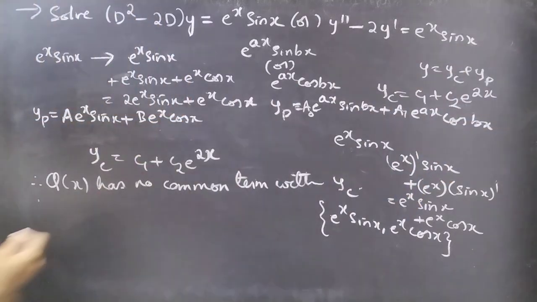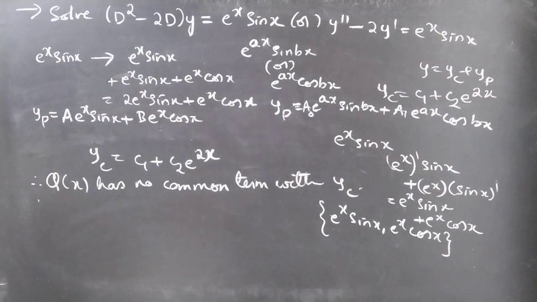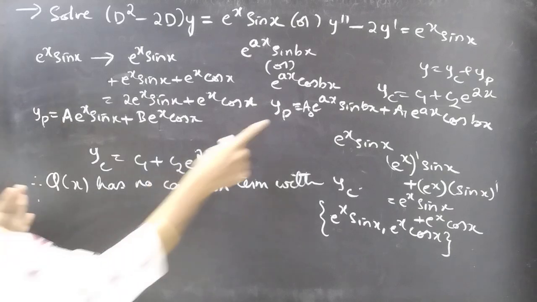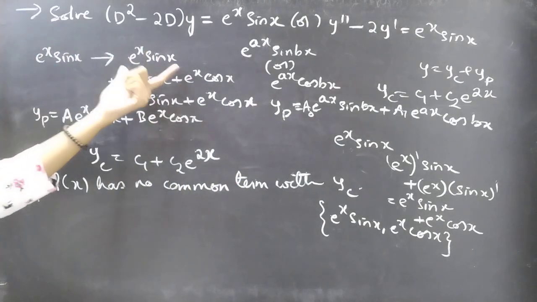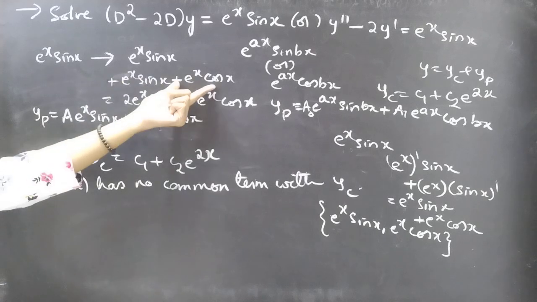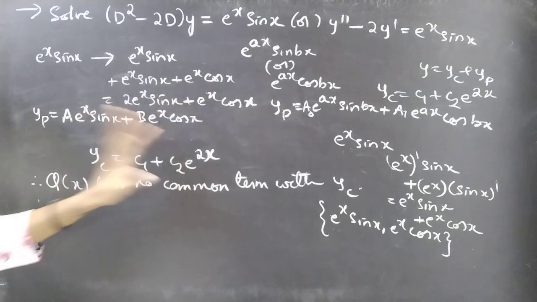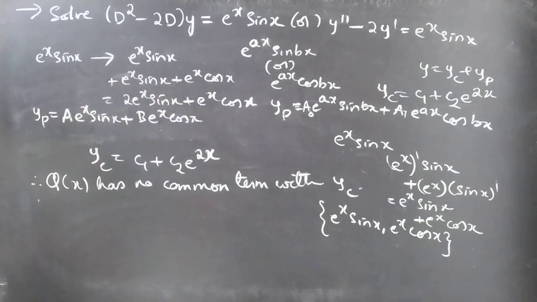It is a formula which we have to remember. Instead of remembering the formula, just pick q of x from the problem, write q of x and find its derivatives and sum up, and finally choose yp.